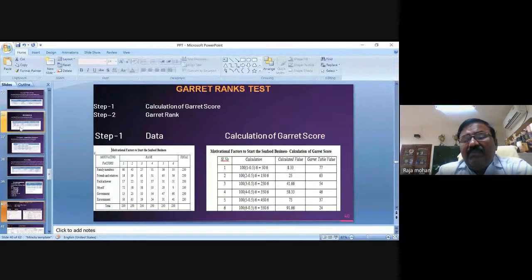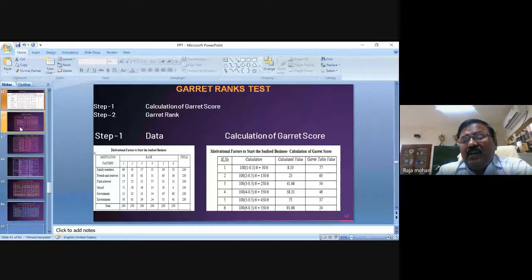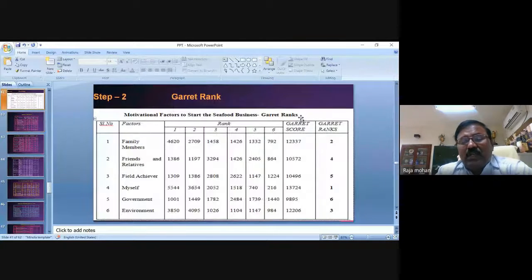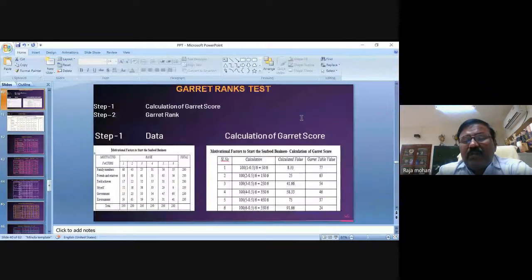Then we have the formula for the calculation of carat scores. The carat scores we compute by using the formula 100 into Rj minus, and by using that we can compute it. We have the calculated value this much, and this is the carat table value.